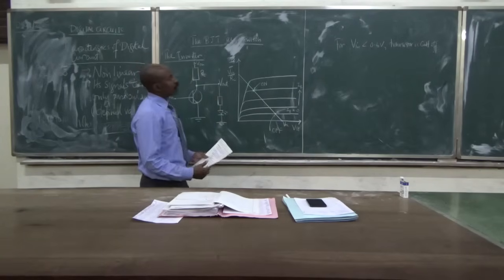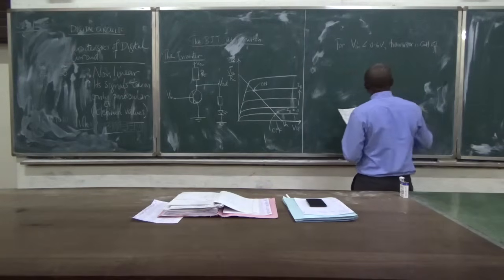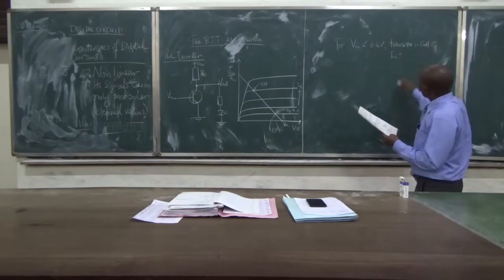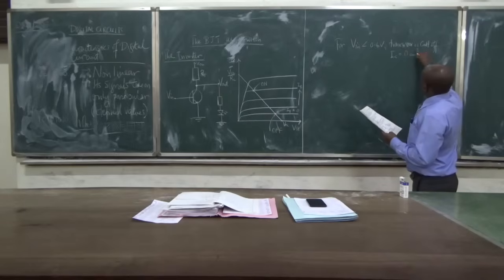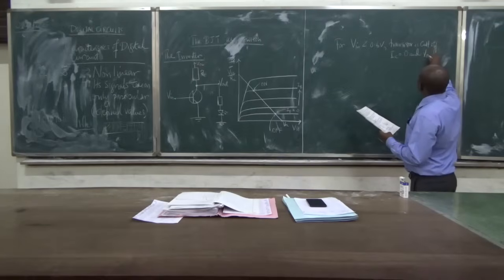That means that you have your transistor cut off. In that mode, IC would be equal to 0, and then we will have V out being approximately equal to VCC.